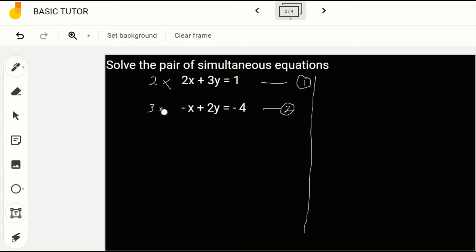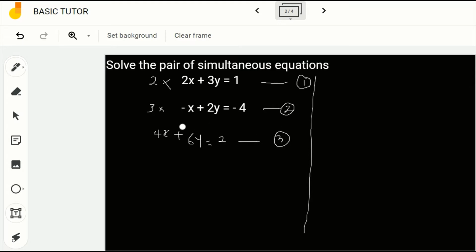If I multiply equation 1 by 2, 2 times 2 is 4x, plus 2 times 3 is 6y, equal to 2 times 1, which is 2. This gives us a new equation, which I call equation 3.